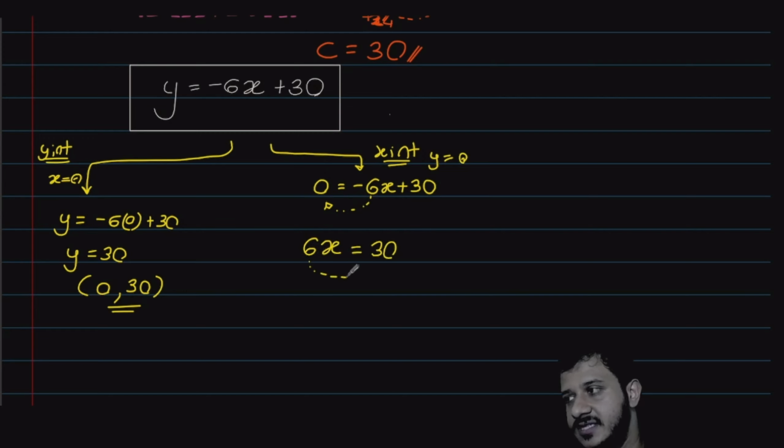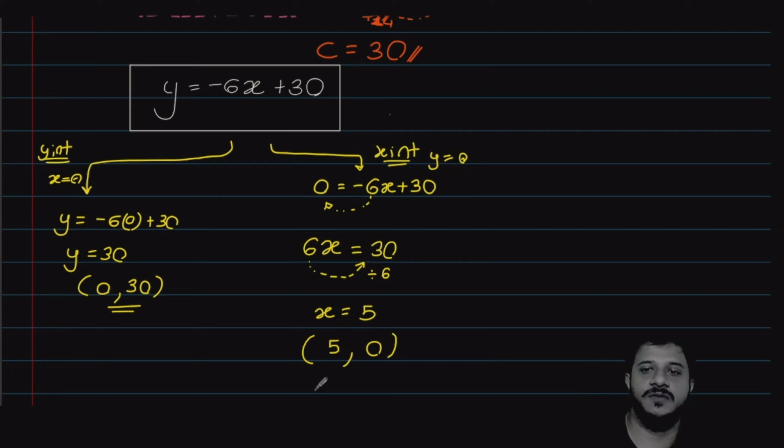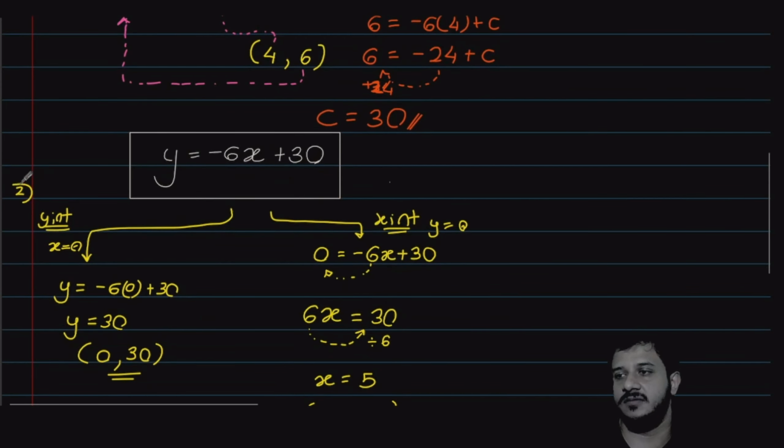This multiply by 6 will come to the other side as a divide by 6, and that gives us x is equal to 30 divided by 6, that's 5. That means my coordinate there is x is 5, y is 0. That's how we find the answer for the second question.